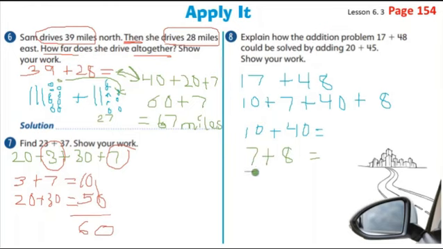So let's do that. So I have 7 plus 5 plus 3. See, that's that 8 right here. So I can use that 3 from the 8 and the 7. So I'm going to make a 10.